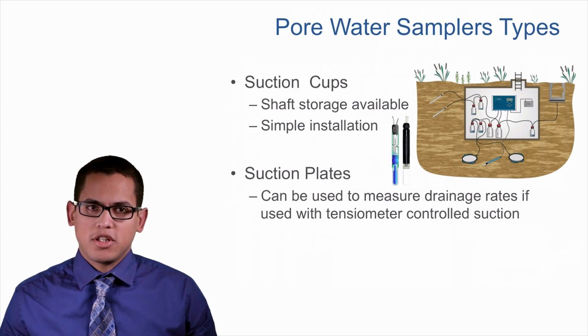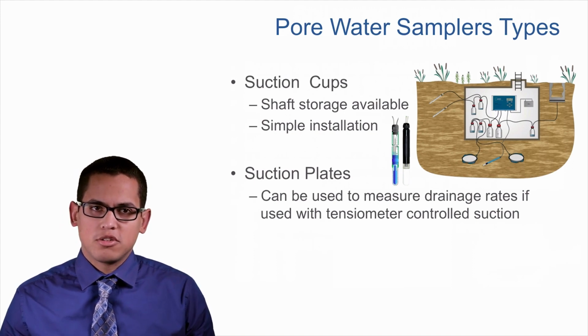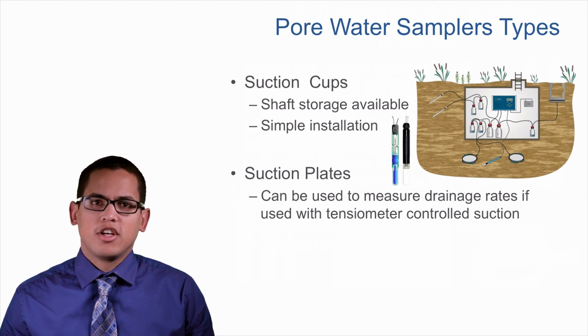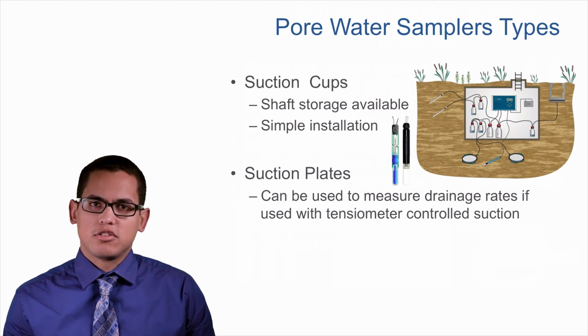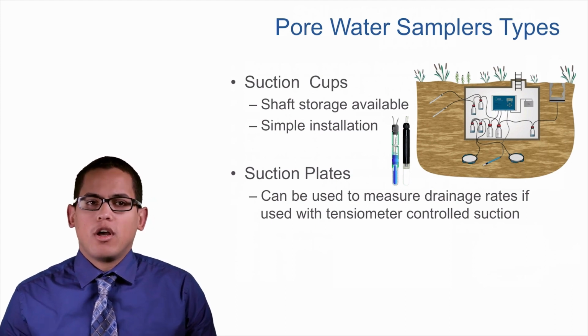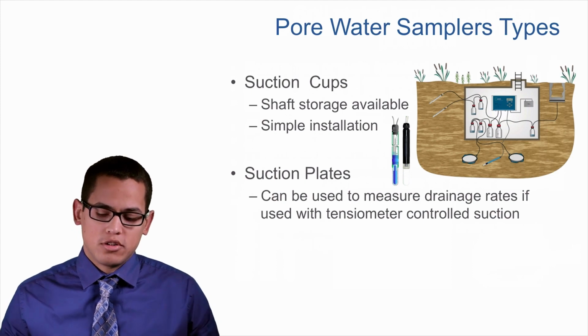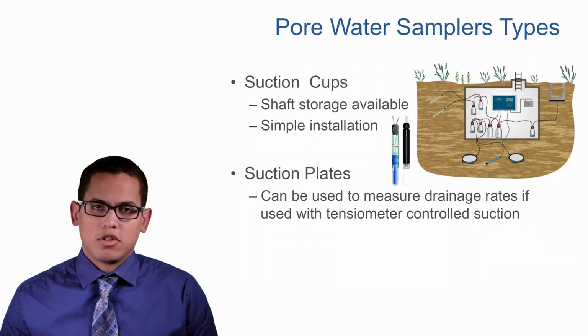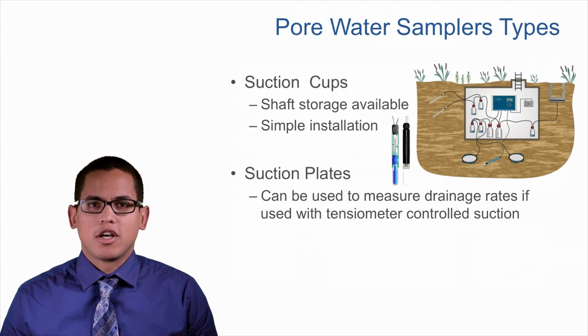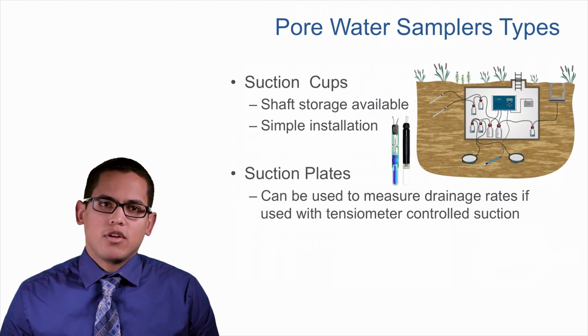With suction plates, the installation is going to be a little bit more labor intensive. You would likely have to either dig an auger trench and come in through the side and install the suction plate that way, or you could install the suction plate in a hole and then repack the soil over it, but then you would lose the intact soil, and that's not always a good thing.